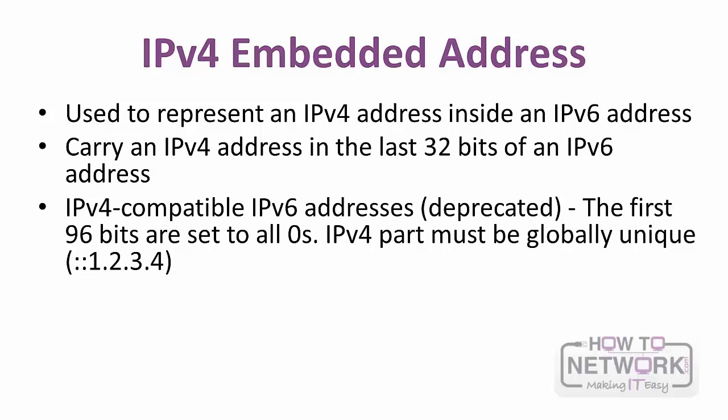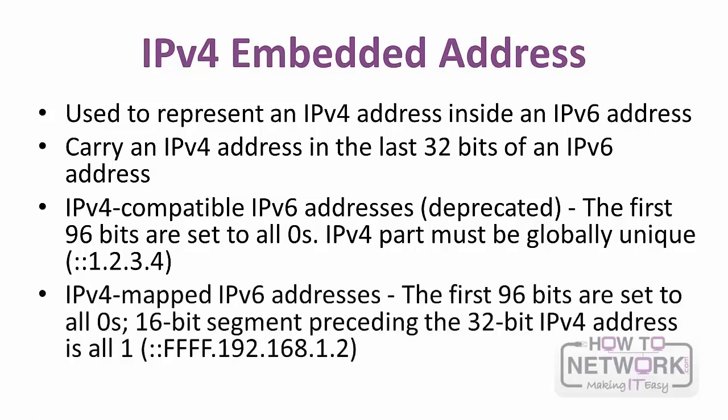The first 96 bits are all set to zeros. The embedded IPv4 address must be globally unique. IPv4 mapped IPv6 addresses. The first 96 bits are all set to zeros, and the 16-bit segment preceding the 32-bit IPv4 address is all ones.